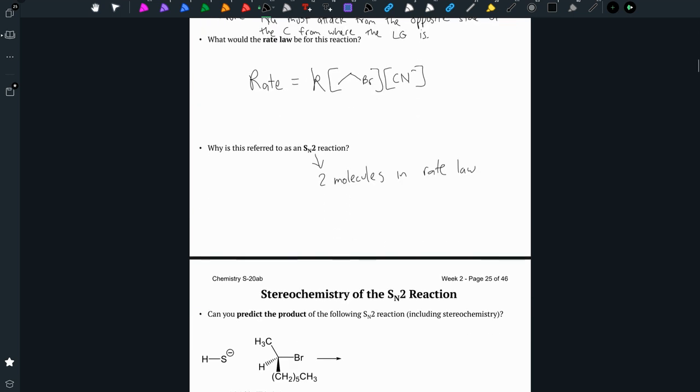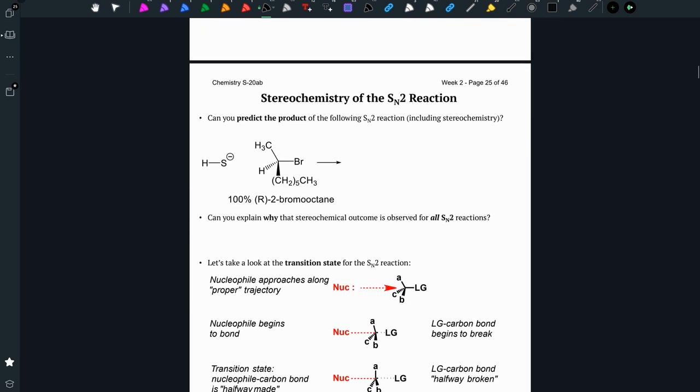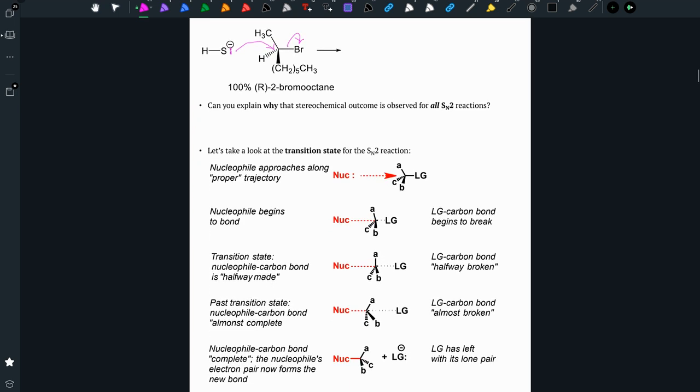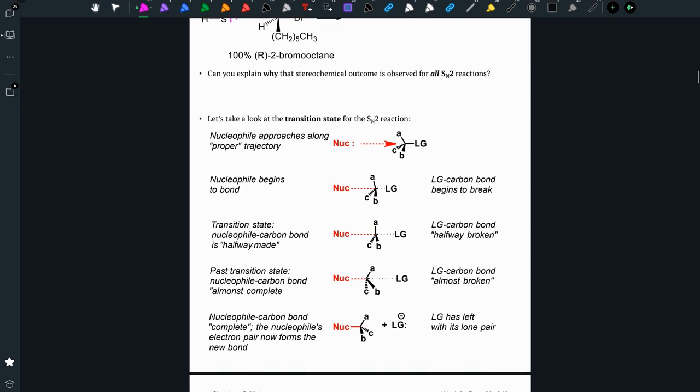All right, I mentioned that there was a backside attack. The backside attack has stereochemistry implications. Because my nucleophile has to attack from the opposite side of the leaving group, the carbon that we're attacking is going to have to do something we think of as an umbrella flip.